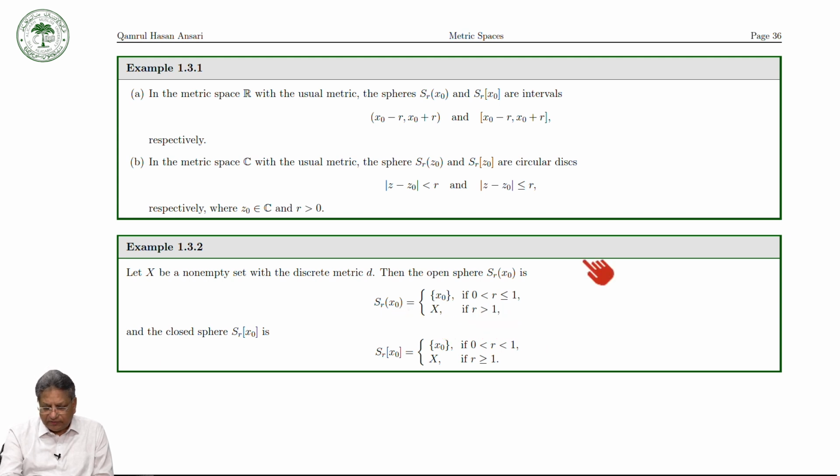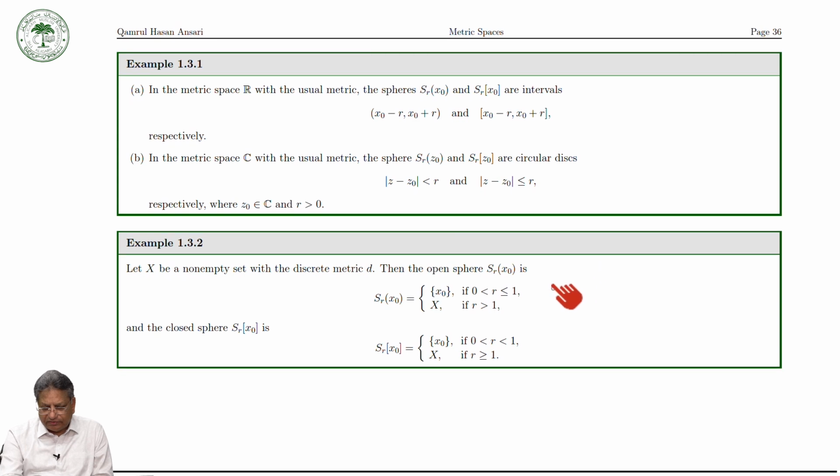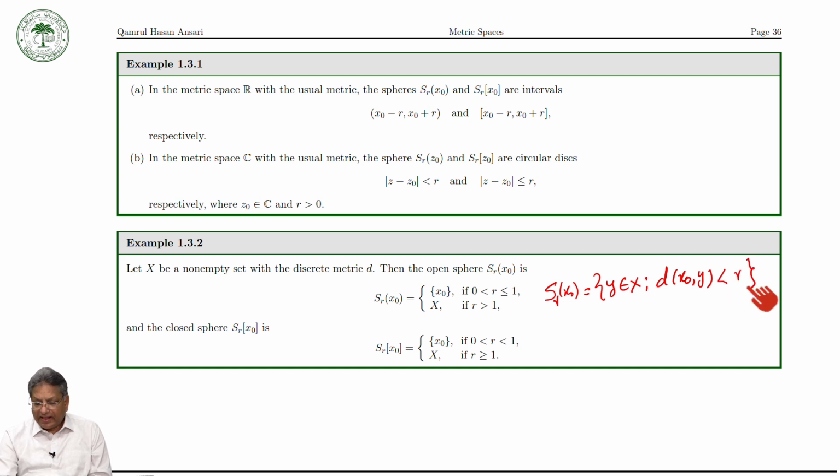How can you say that? You can see that by the definition: the open ball with center x0 and radius r is the set of all points y in X such that d(x0, y) is less than r. But keep in mind, because we are considering the discrete metric, this can be equal to 0 or 1.